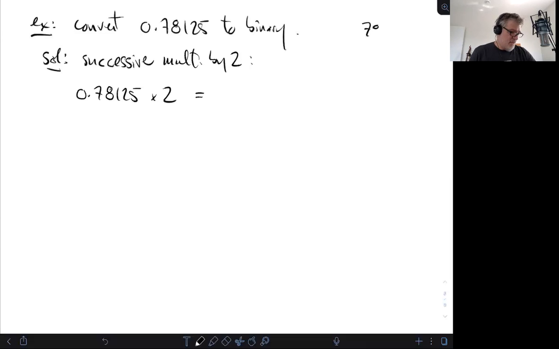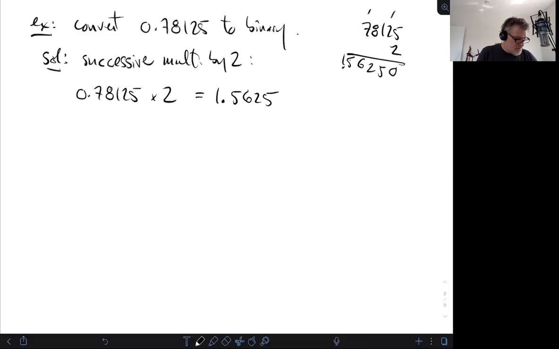I'm not going to be lazy, I'll just do it here by hand. 2 times 5 is 10, 4, 5, 2, 16, 14, 15. So this is 1.5625. Okay, you see, I get a 1 here.